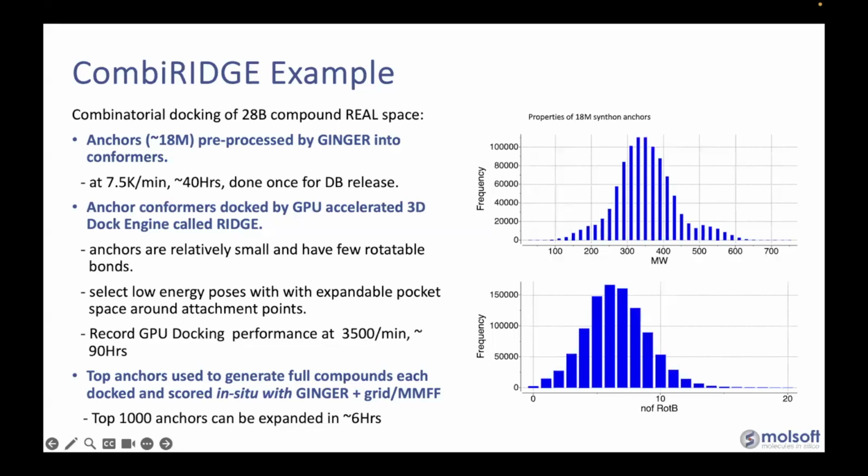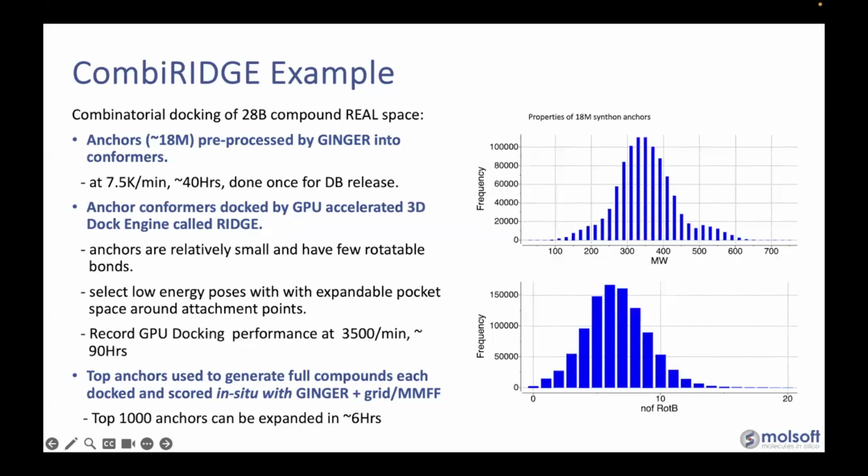Next, the anchor conformers are docked using Ridge, and obviously the anchors are relatively small molecules with fewer rotatable bonds. That makes it ideal for efficient docking. And then the low energy poses are selected with an emphasis on the expandable pocket space around the attachment points. So you don't want your attachment points or the caps to be buried.